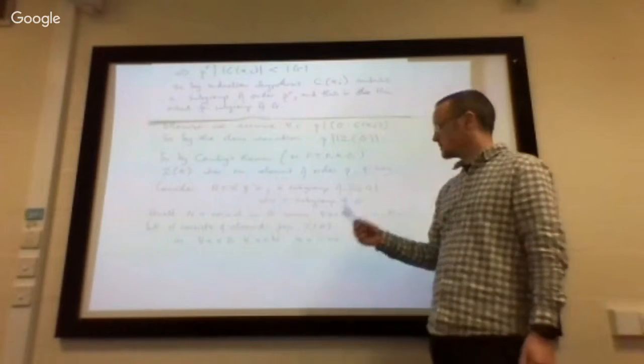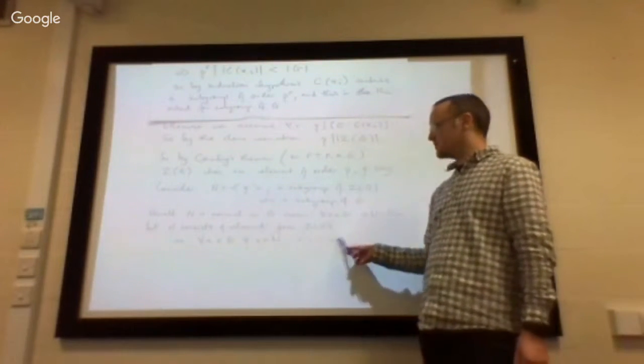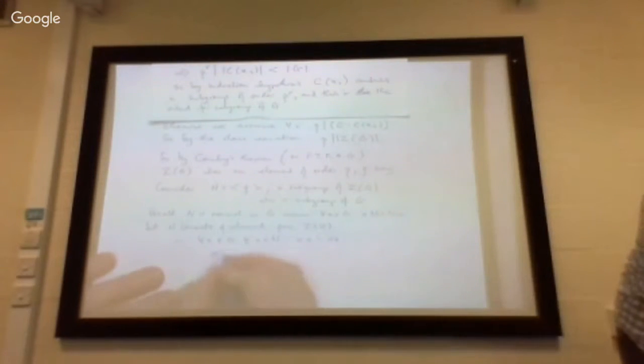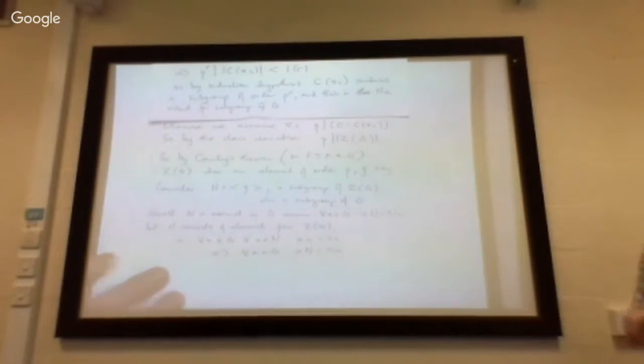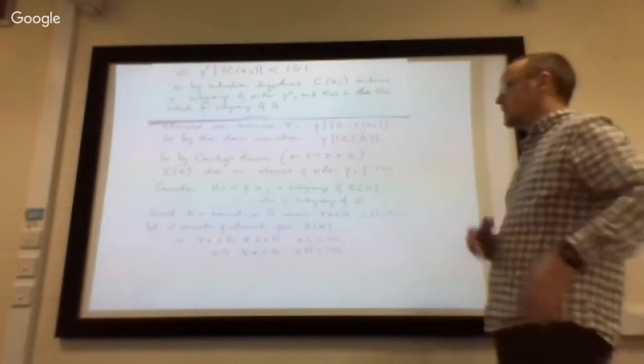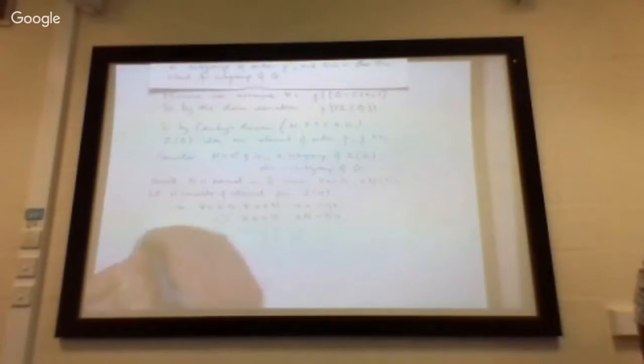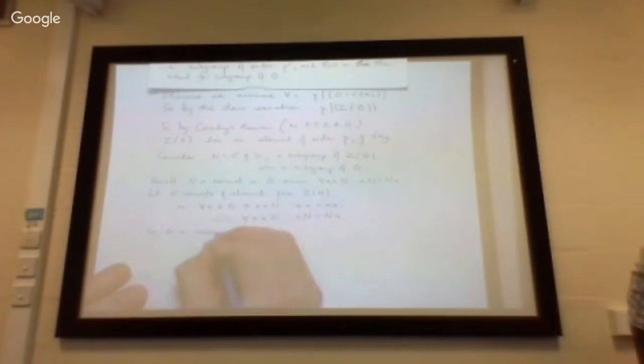They come from the center, so they commute with any element from the group. So that implies that for every X in G, the left coset Xn will be equal to the right coset nX. So N is normal.